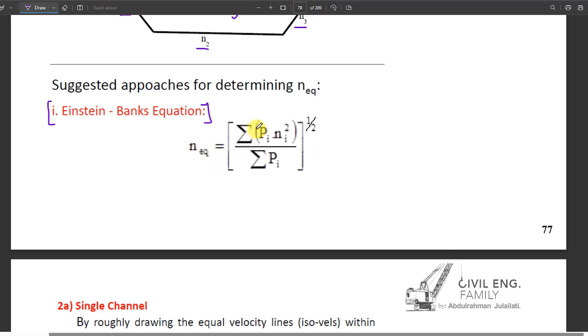It says n equivalent is the summation of perimeter times n squared, over the summation of perimeters, totally all under the square root.